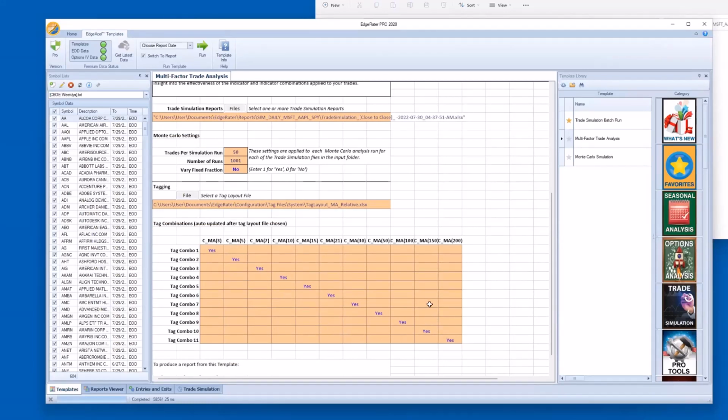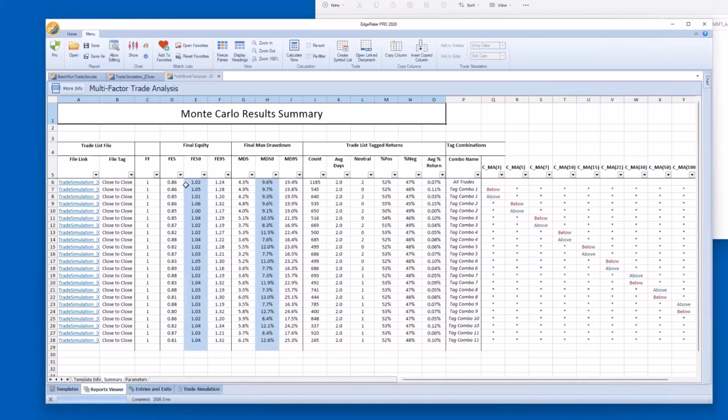And if I run this now, it's going to generate for me the results that you previously saw. Let me do that. Okay, so this has given the results.